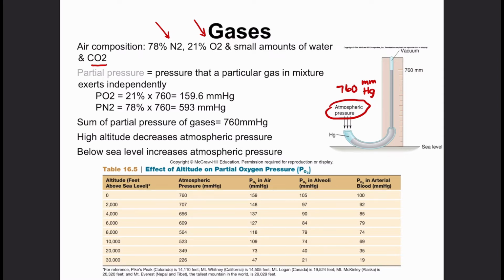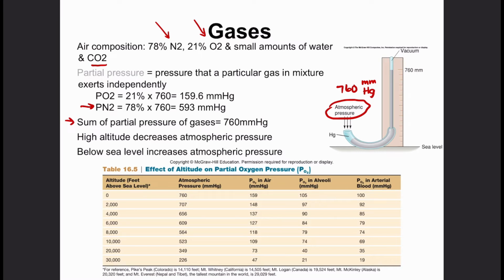The partial pressure is the pressure of any particular gas. So an example of this would be the pressure of nitrogen gas, because it makes up 78%. Its particular gas pressure would be 593 millimeters mercury. But the sum of them all together is 760 millimeters mercury.